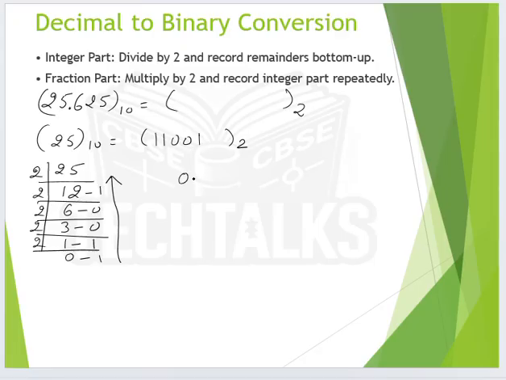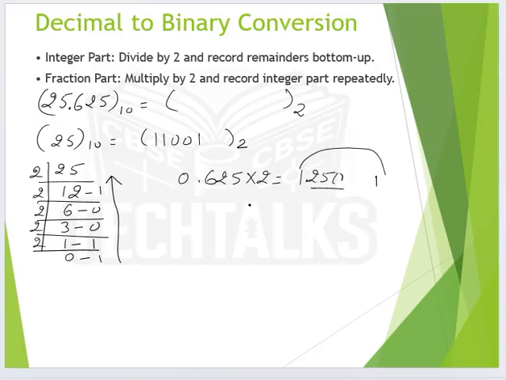Now the integer part is done. Now take the fractional part and multiply by 2. When you multiply 0.625 by 2, you get 1.250. The integer part which you have just got has to be written here.